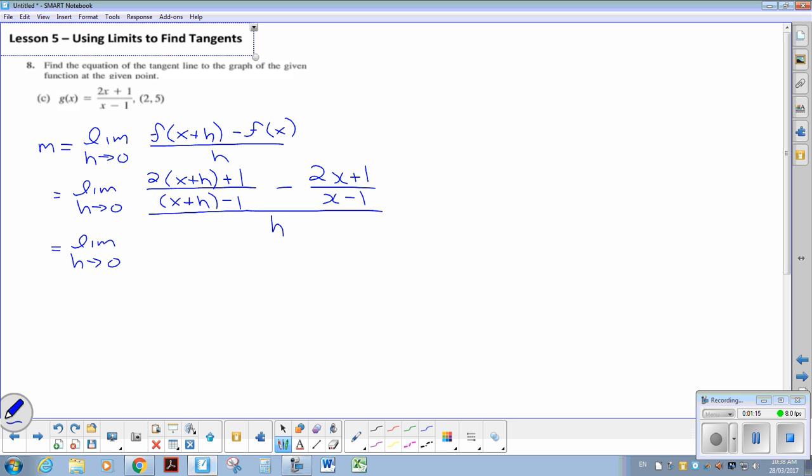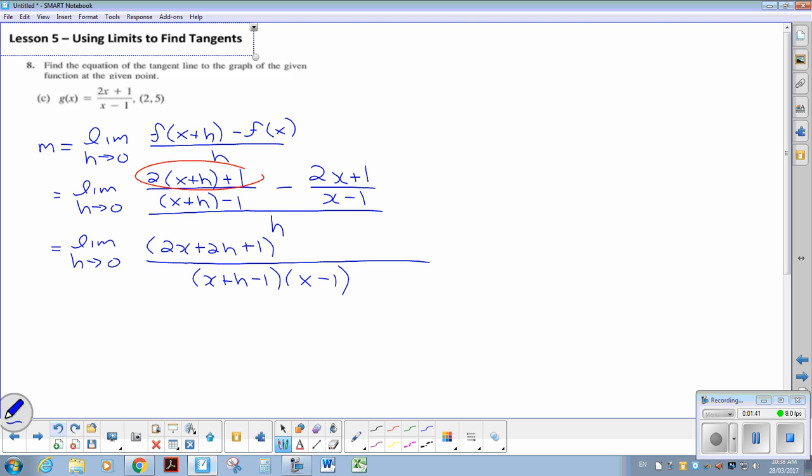So here we go. On top, I'm going to simplify. So 2x plus 2h plus 1. So that whole numerator right here, I've just combined together inside a bracket. Because in order to get a common denominator, maybe I'll skip to the common denominator, it will be the x plus h minus 1 multiplied by the x minus 1.